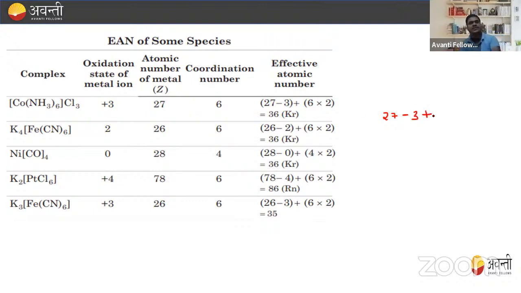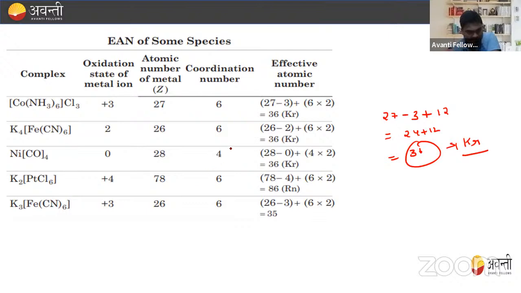Plus the number of electrons gained: 6 ligands of ammonia, each donating 2, so 6 into 2 is 12 electrons. That is 27 minus 3, which comes out to be 24. 24 plus 12 comes out to be 36, which is equal to which noble gas? That is krypton, right?